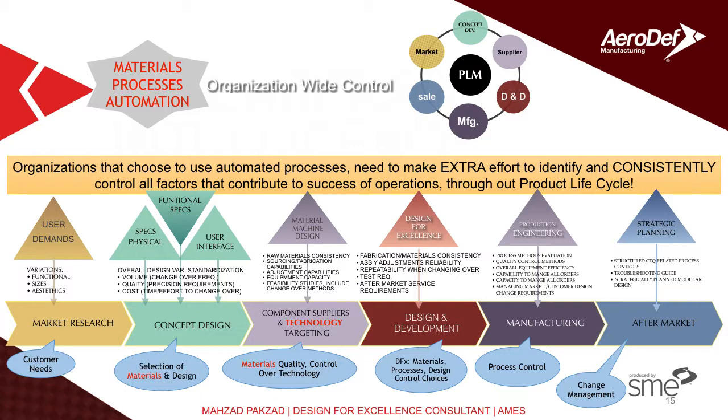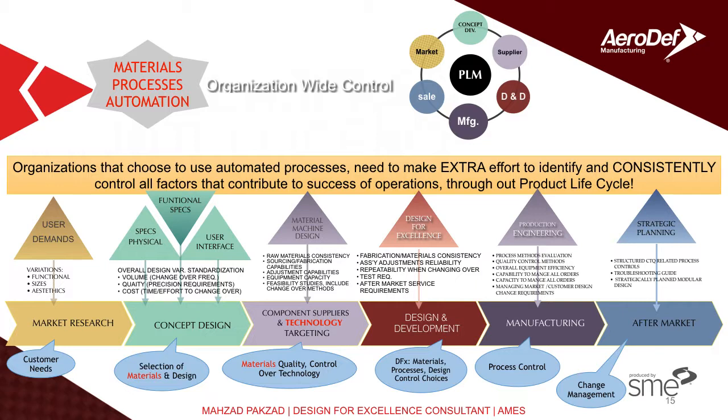Design and development, design for excellence becomes important here. Thinking of the materials, processes, and design control choices becomes important, and process control in manufacturing becomes more important than when you're doing it manually.